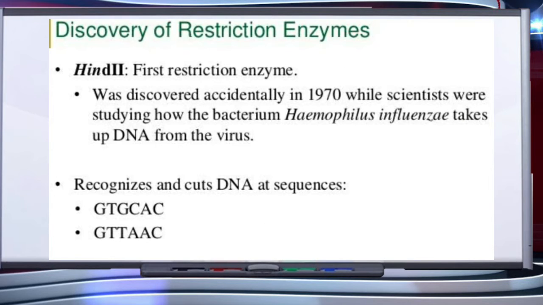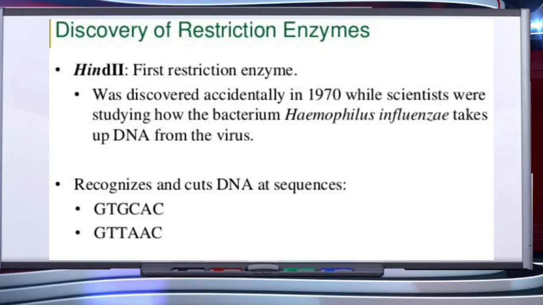Let's talk about the discovery of restriction enzymes. The first restriction enzyme, Hind II, was discovered accidentally in 1970 while scientists were studying how the bacterium Haemophilus influenzae takes up DNA from the virus.